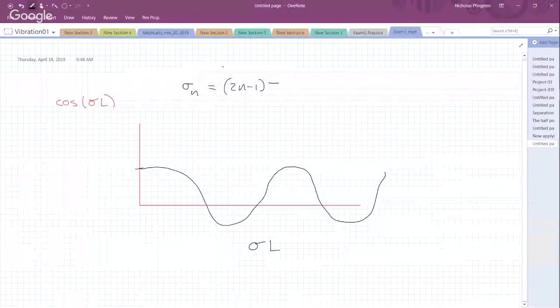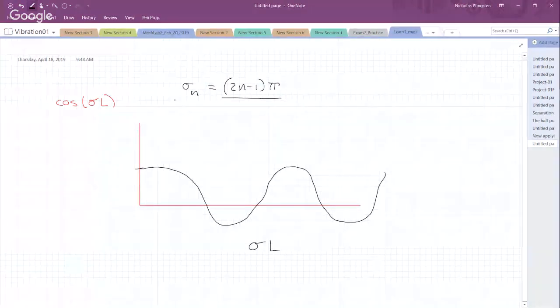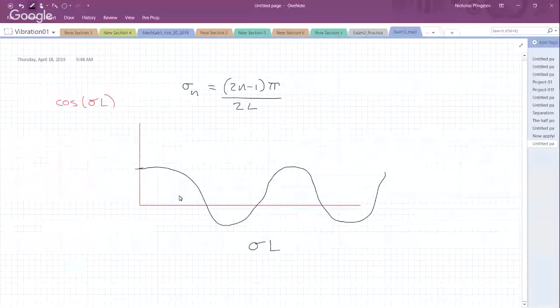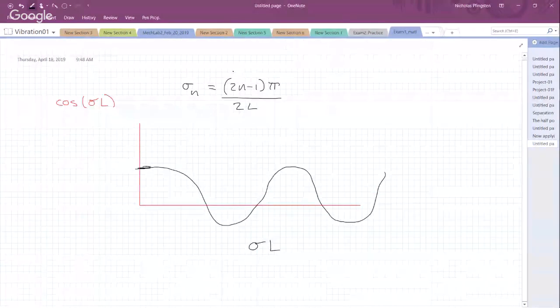Right here, that corresponds to pi over 2, 3 pi over 2, 5 pi over 2, 7 pi over 2. You get the idea, right? So cosine of sigma L equals 0 is true whenever sigma L is pi over 2, 3 pi over 2, 5 pi over 2, and so on.